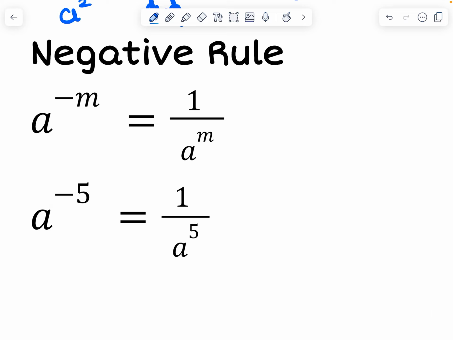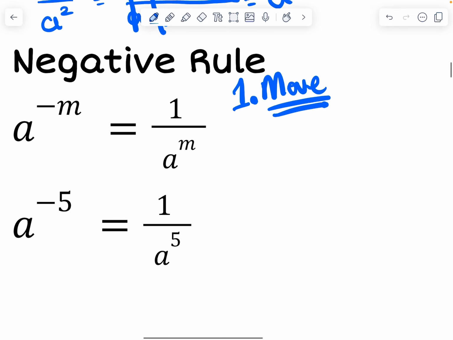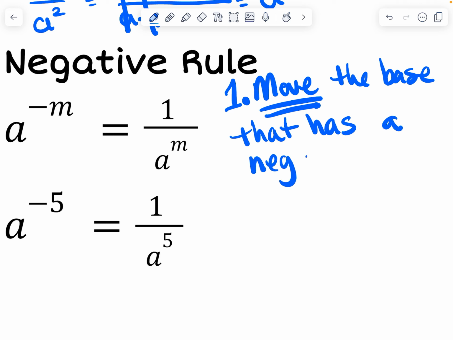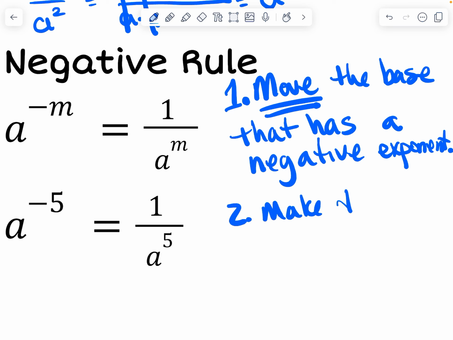Negative exponent means we are going to move. That's the number one thing. You're going to move the base that has a negative exponent, and then you're going to make the exponent positive.